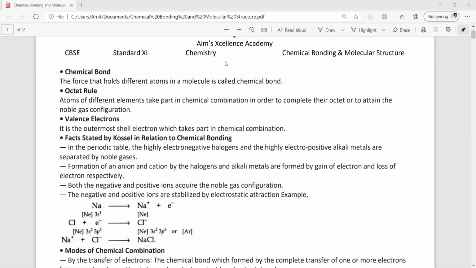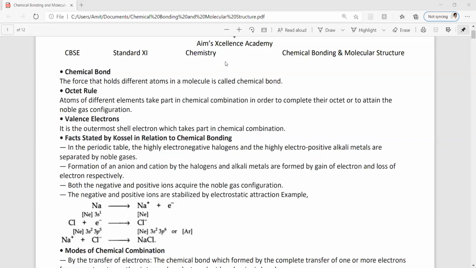So it has to be either 2, which is in the case of a hydrogen molecule, or it has to be 8, which is in the case of noble gases. But other elements combine either with each other or with another element to form a stable molecule. These electrons in the outermost shell are called valence electrons.